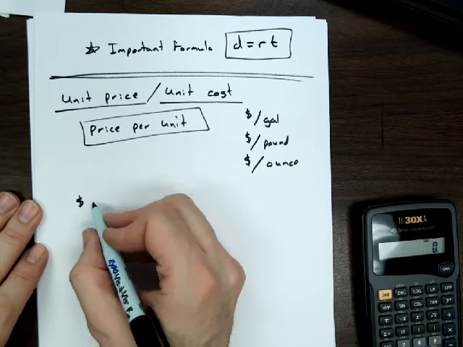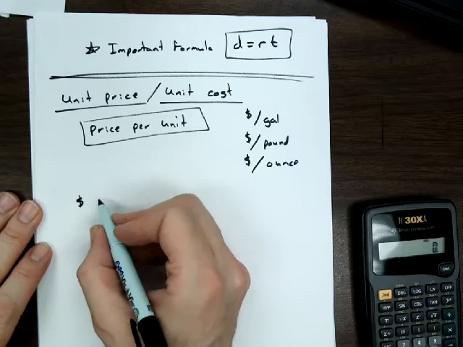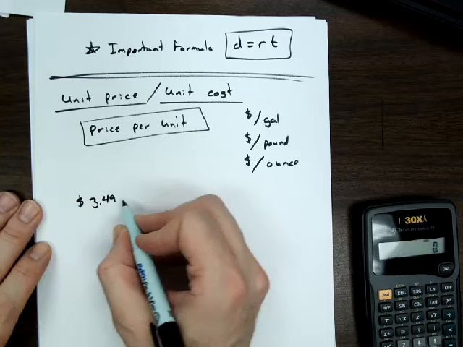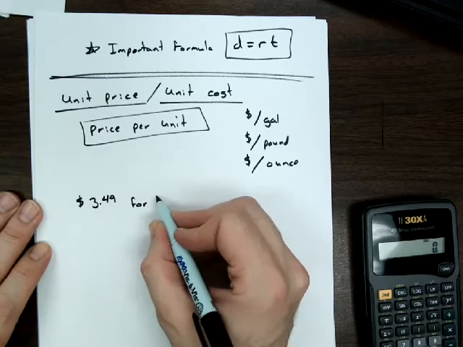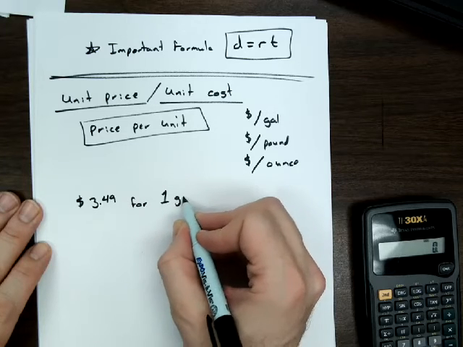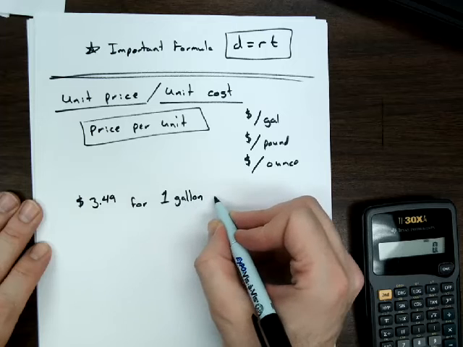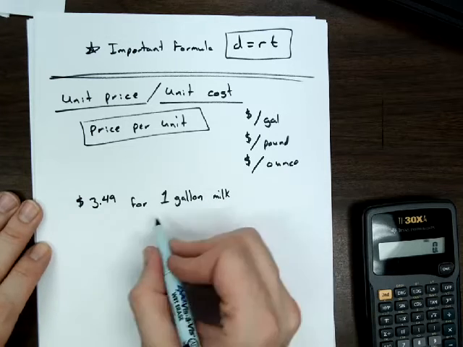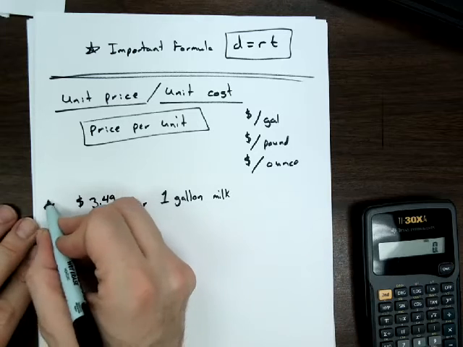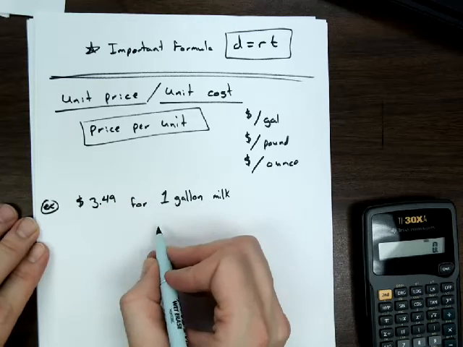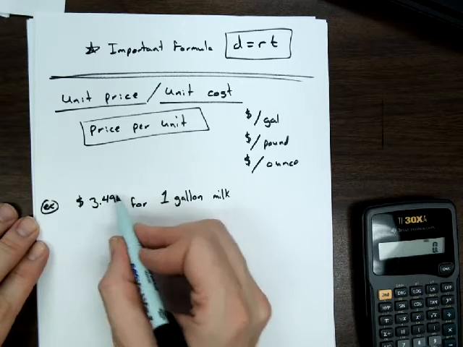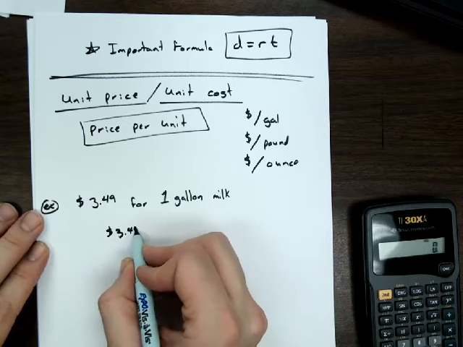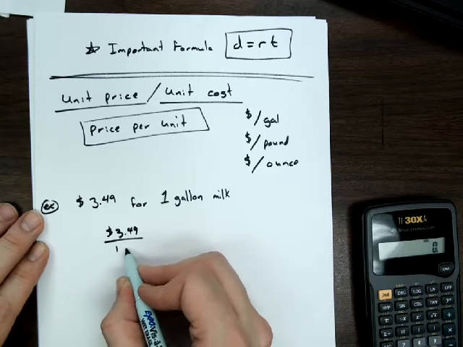Say I go out and I get a gallon of milk for $3.49. If I'm doing this calculation, this is just the price per unit, so $3.49 for 1 gallon.